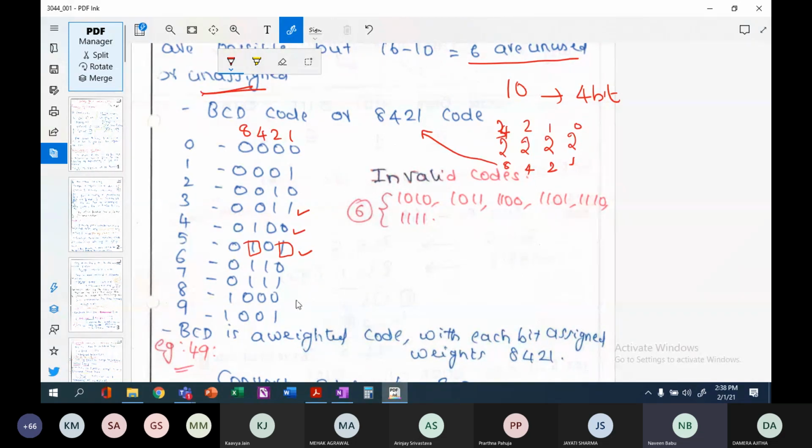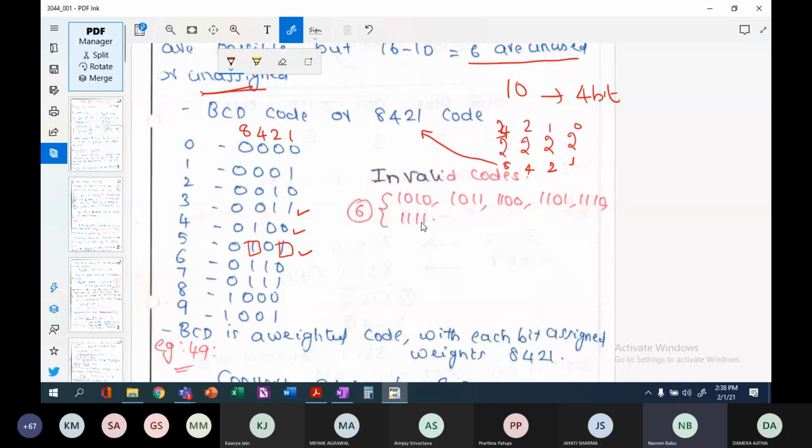But more importantly, what about the other codes? I have 16 possible combinations. So the other possible combinations are considered as invalid codes in BCD. What are invalid codes? See, after 1001, what are the possible combinations? I can have 1010, 1011. Don't say that this is A, B, C, D. Those are all in hexadecimals, not in decimals.